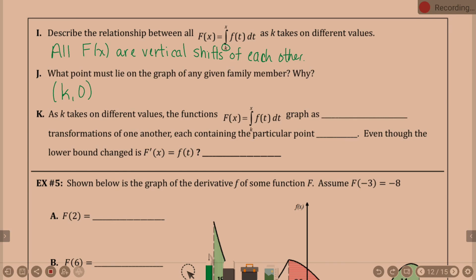And then when the lower bound equals k, the integral from k to k of f of t dt equals 0.